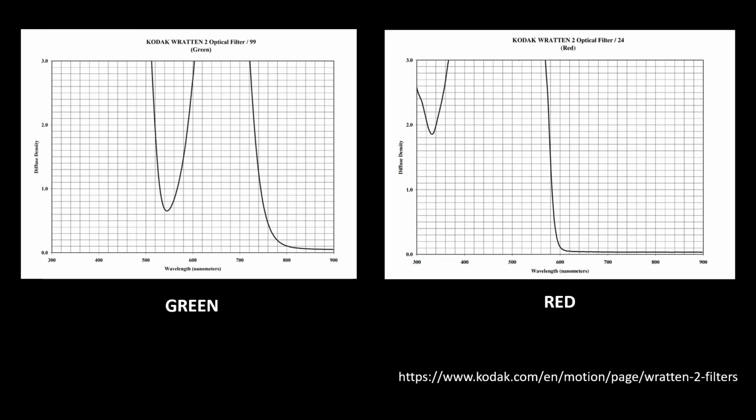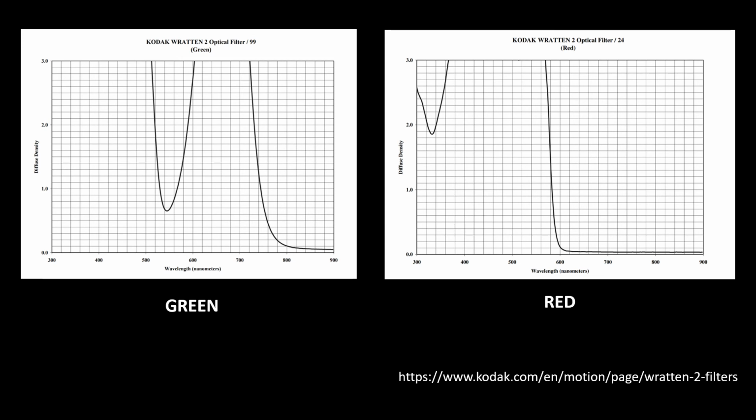If I look at a second complementary pair, namely red and green Wratten filters, I see that red transmits almost 100% of the light above 600 nanometers and absorbs pretty much everything else, whereas green, again, cuts off everything above 600, lets through a little band in the range of 500, so somewhere roughly 520 and 580, I'm calling that.